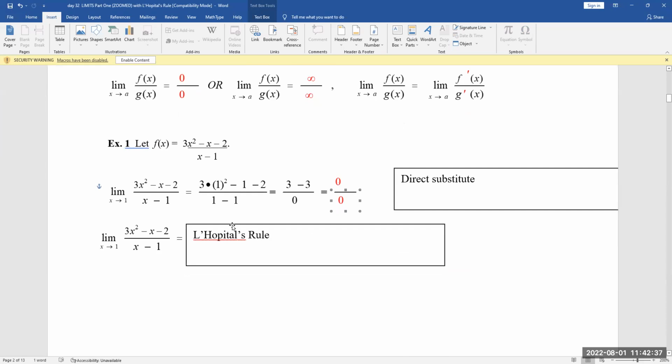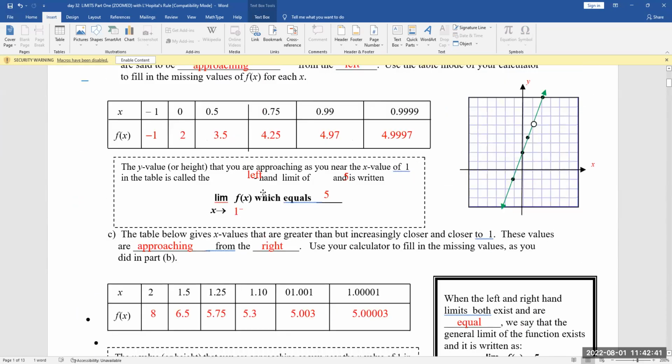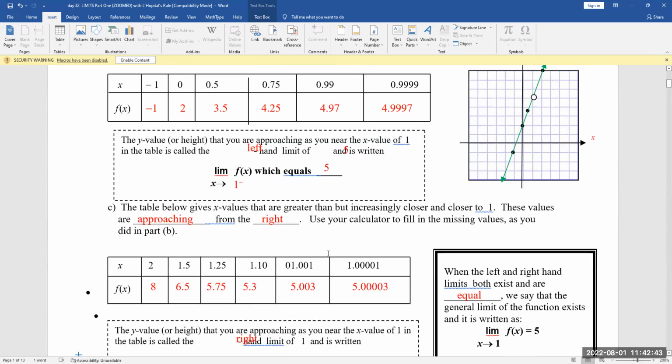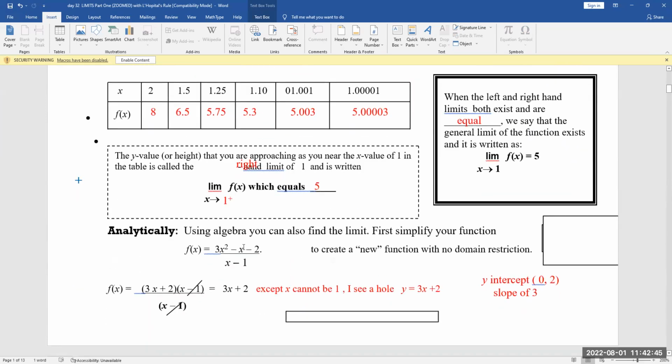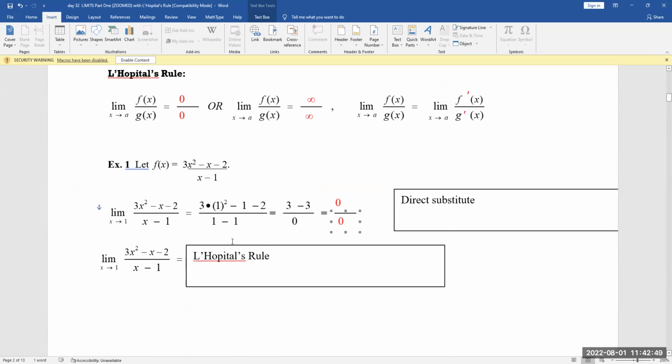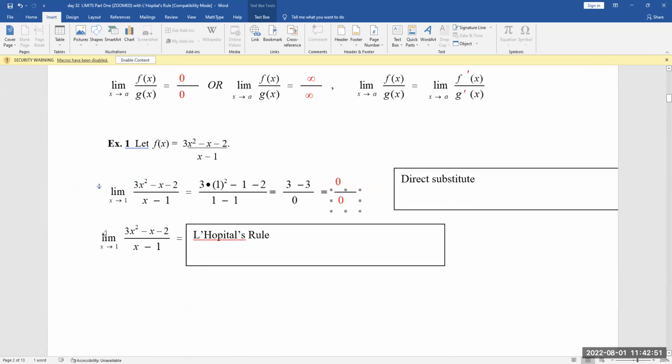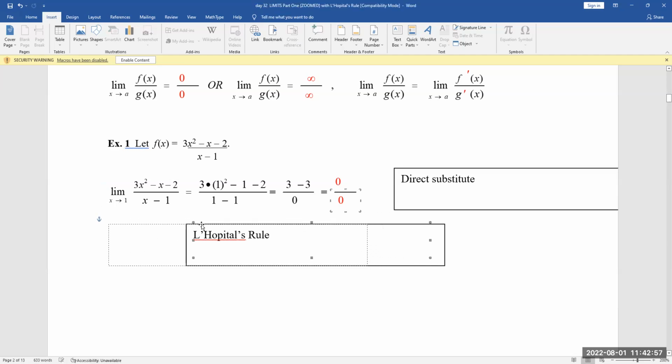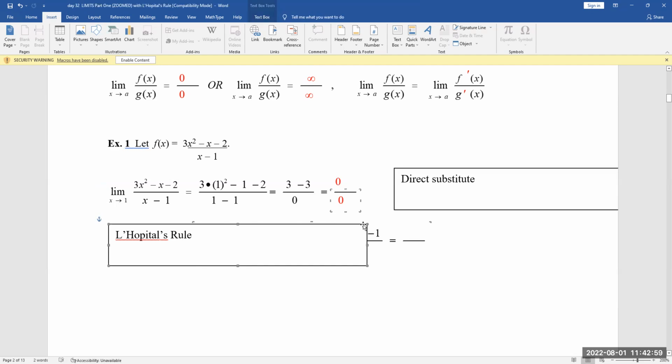So if we want to use L'Hopital's rule, instead of going through the tabular data numerically, we do it analytically. We just take the same limit as x approaches 1, but we're going to use the derivative, which now we are very good at. We've been studying the derivative all semester.